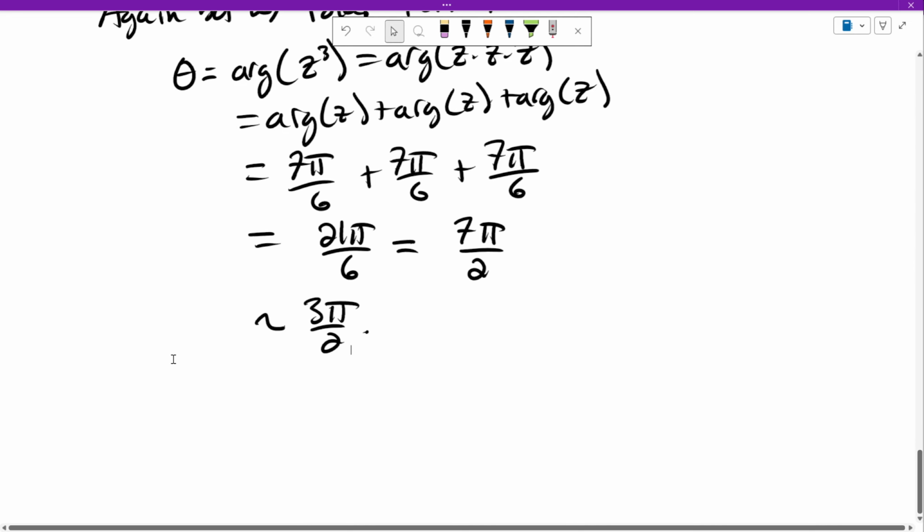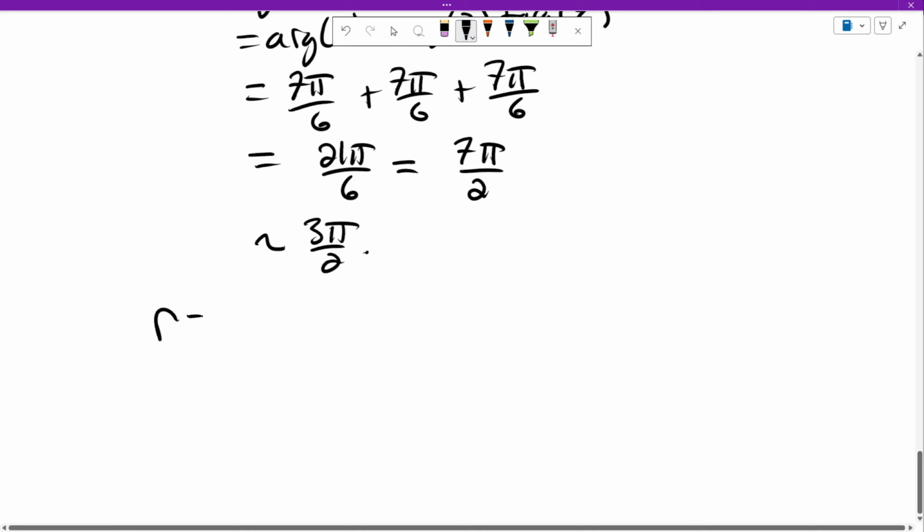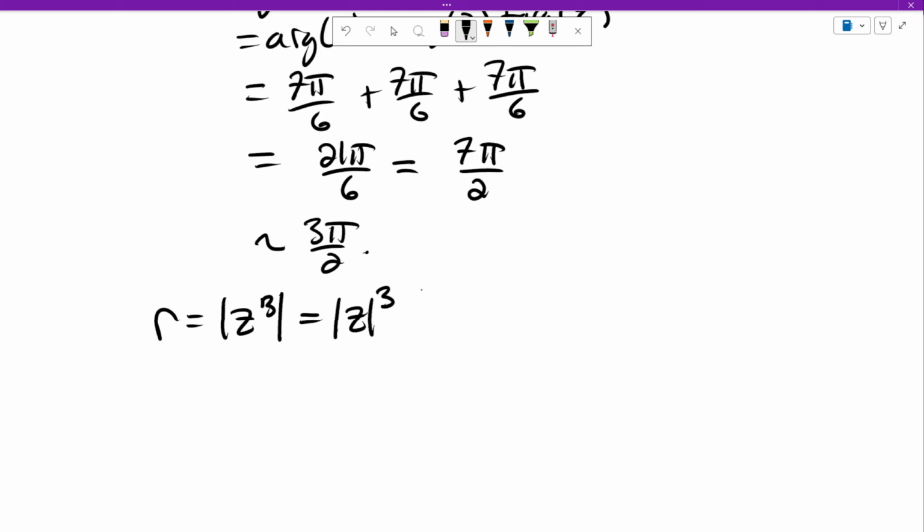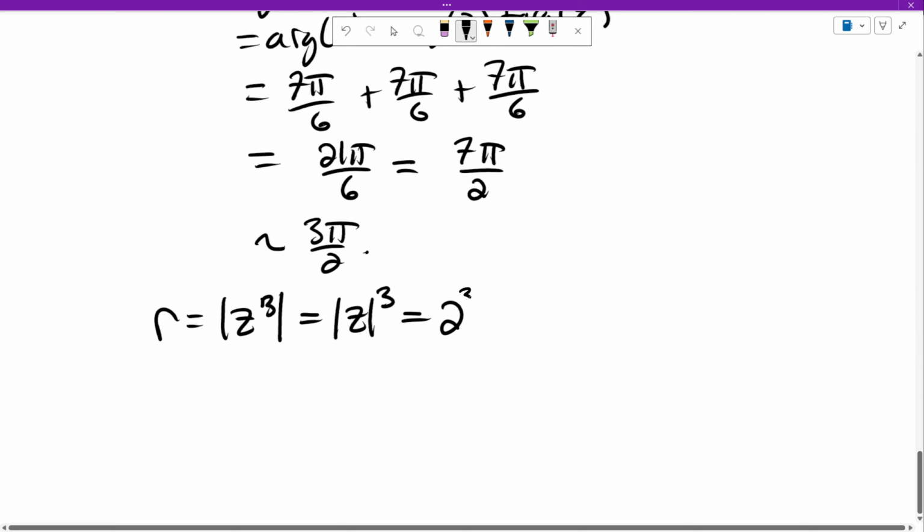So that's our theta. And then our r is going to be the modulus of z cubed. But the modulus of z cubed is the modulus of z and then cubed. And we computed the modulus of z in the first example, and we found that the modulus of z was 2. So that's 2 cubed, and that's an 8.